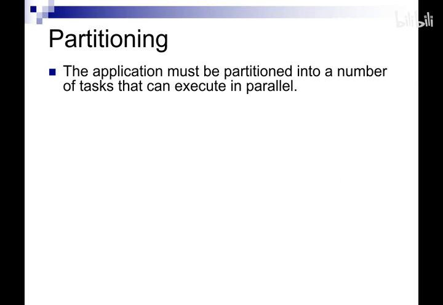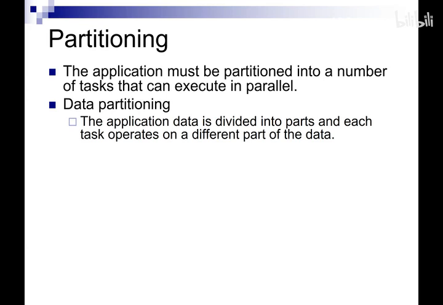The first step is the partitioning step. The point here is that we want to take a big application and break it into a number of smaller tasks that can be executed in parallel. As I mentioned, there are different ways of partitioning a big problem. One major method that we're going to talk about is called data partitioning.